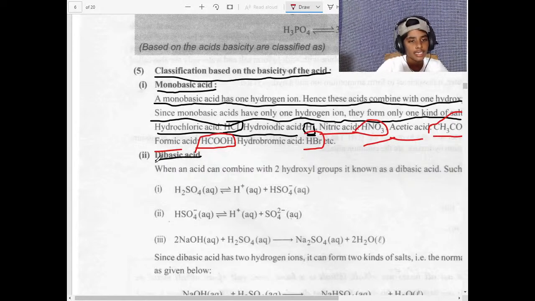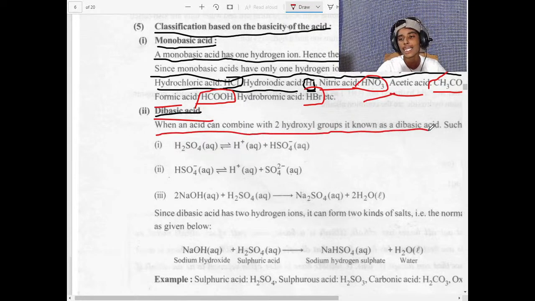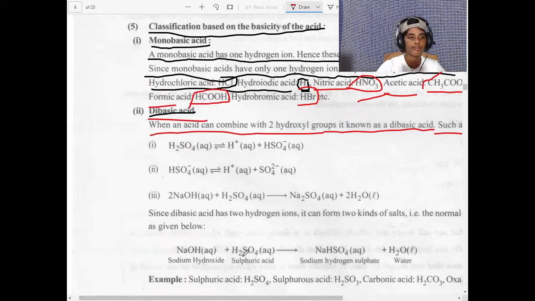And next, dibasic acid. When an acid can combine with two hydroxyl groups, it is known as dibasic acid. Such acids dissociate in two steps in water.